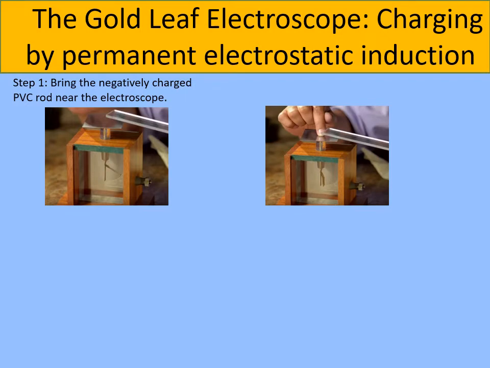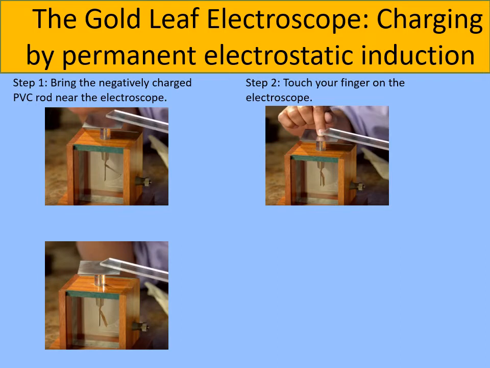If I then bring my finger and touch the electroscope, it will discharge, causing the gold leaf to fall back down to its natural position. Then I bring the PVC rod nearby, and the gold leaf doesn't move at all, as I have a lower resistance path for those electrons that are being repelled back to the ground through my finger.